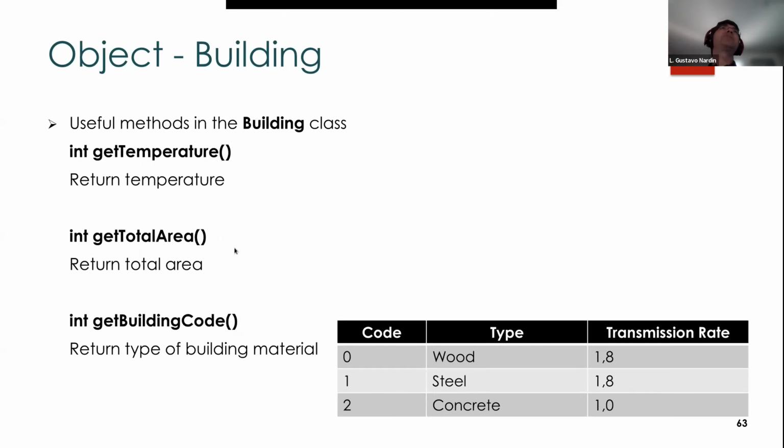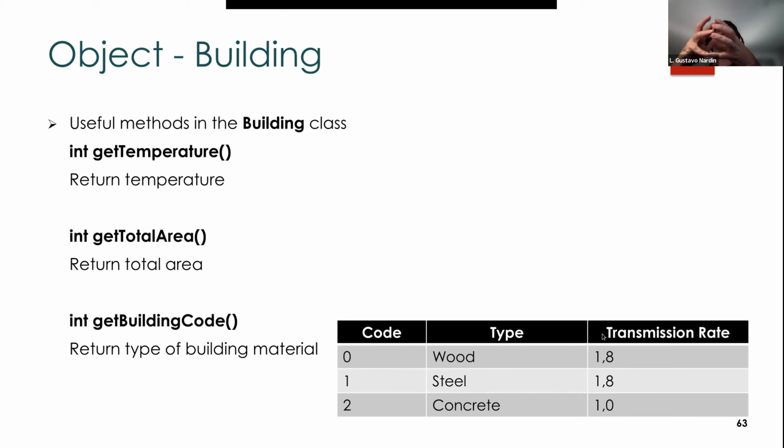You will also be able to get the temperature, get the total area of the building, or even understand which type of materials constitute mostly that building, like if the building was built in wood, steel, or concrete, and they also have a transmission rate.